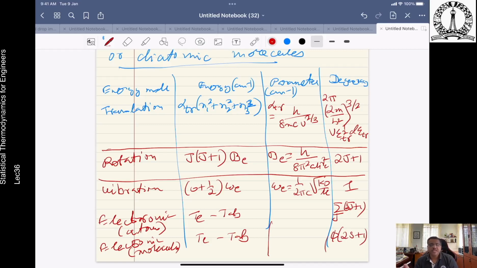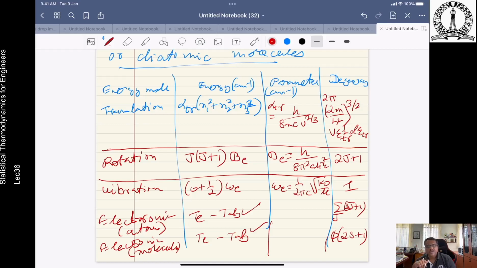So we have the translational energy, and no other energy mode is affected by the macroscopic properties, unlike translational. For the internal energy modes, the degeneracy is like a probability distribution function for the translational mode. For the internal modes, we recall the rotational constant for the rigid rotor and vibrational frequency omega E for the harmonic oscillator. Similarly, spectroscopic measurements provide tabulations for the electronic energies of both atoms and molecules, which you see over here.